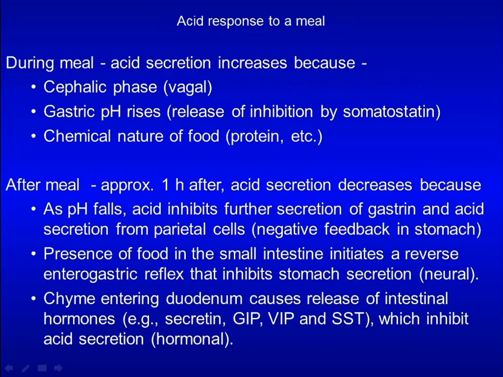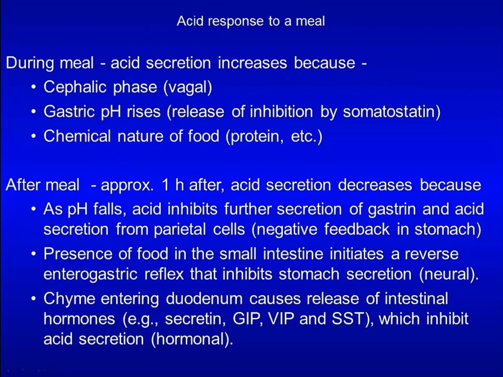During the meal, acid secretion increases because of stimulation of vagal nerves, rise of pH, and presence of peptides and amino acids in the food. Approximately 1 hour after the end of the meal, acid secretion peaks.